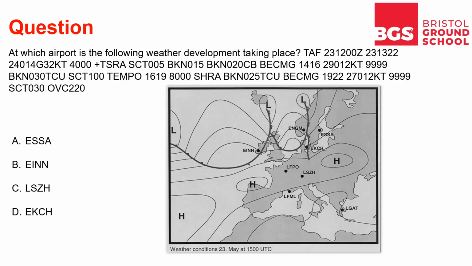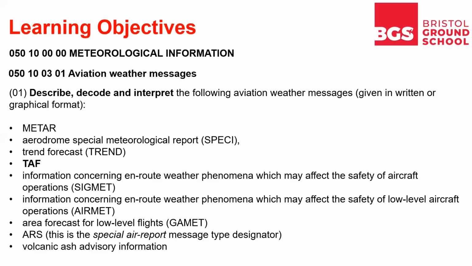Before addressing the question, let's review the actual learning objective that the question is testing. That's the full learning objective. Aviation weather messages: describe, decode, and interpret the following aviation weather messages. They mention a METAR, a SPECI, a trend.